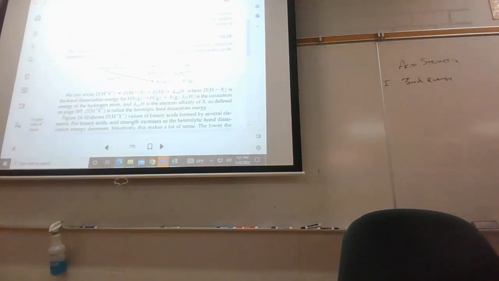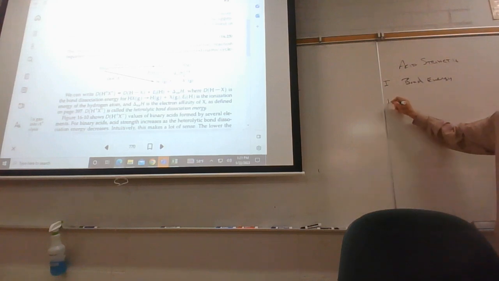And therefore, weak acids partially ionize, dissociate. Strong acids fully ionize, dissociate. The next factor that we look at is bond polarity.